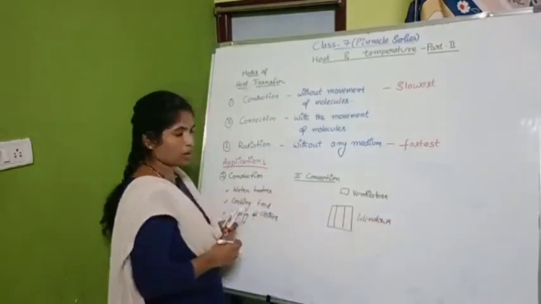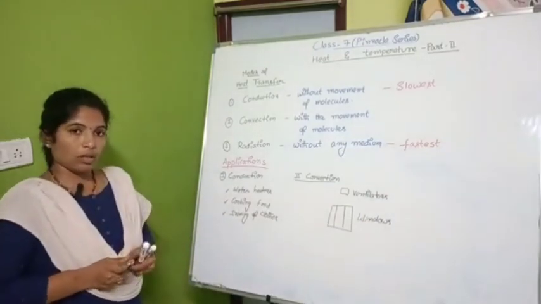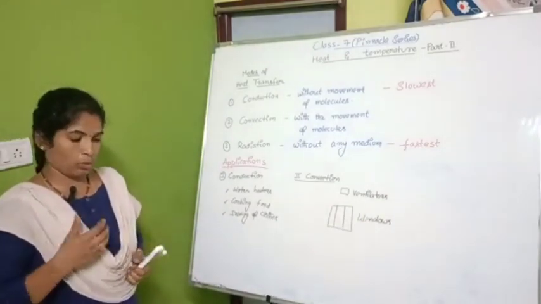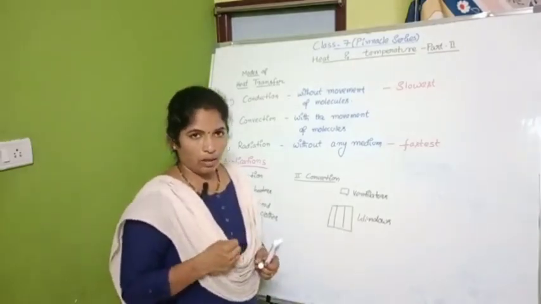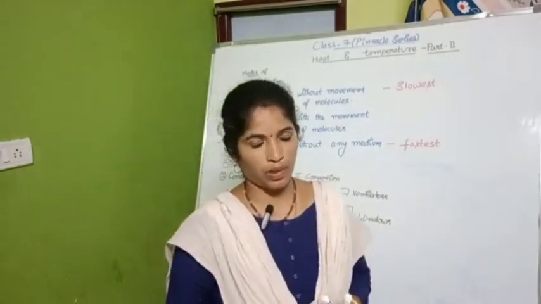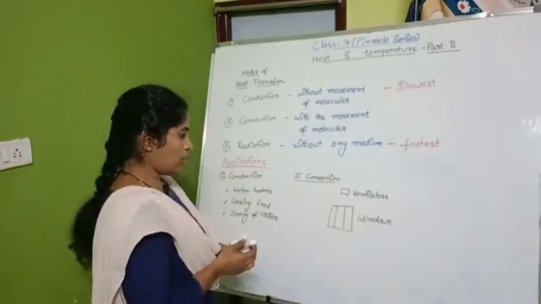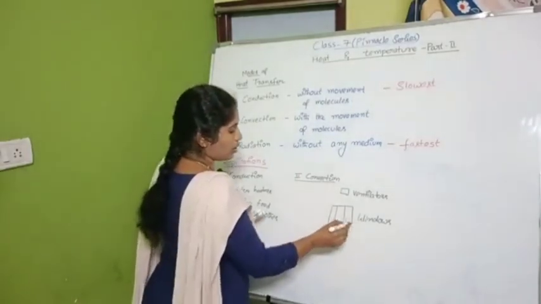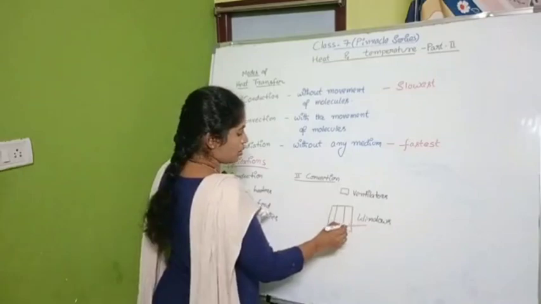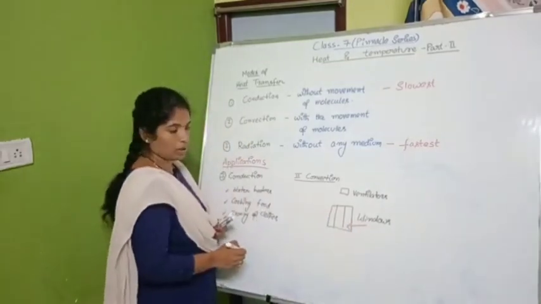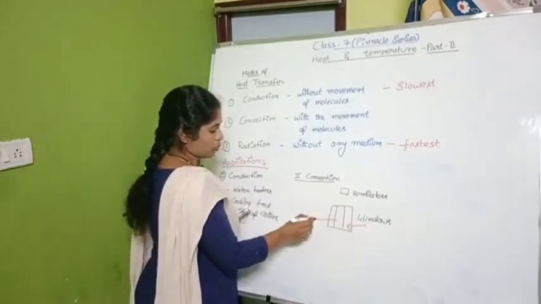Why? The cool breeze will have more weight and the hot air will have less weight. So whatever the cool air from the surroundings, it will enter into the room through windows.